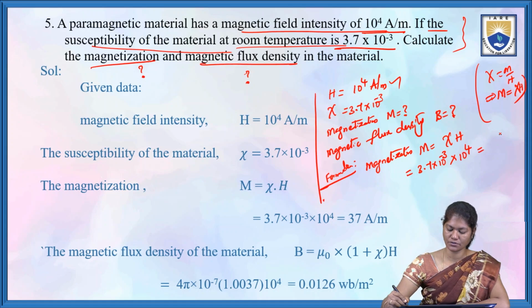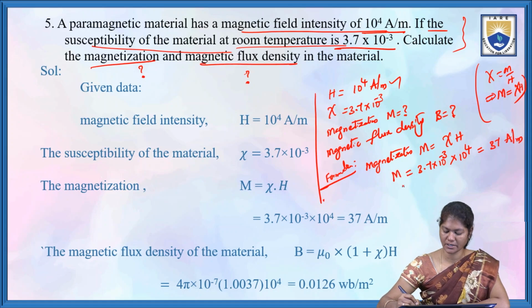So it is equal to 37 ampere per meter. This is the magnetization. M is equal to 37 ampere per meter.